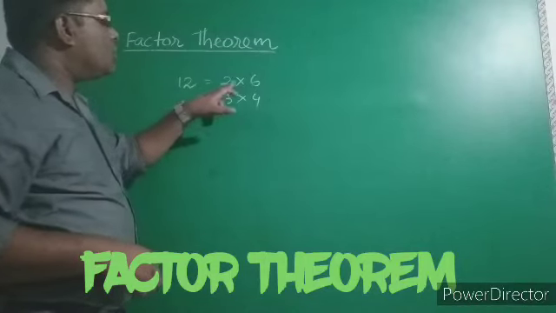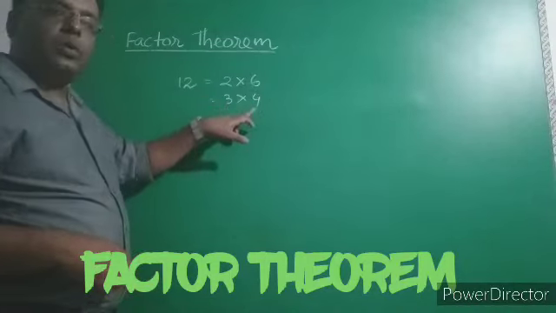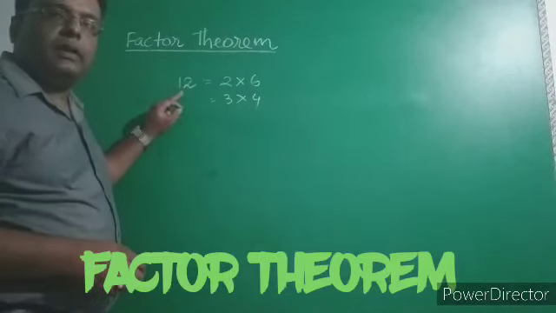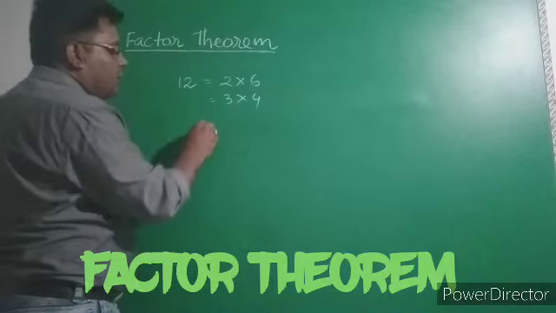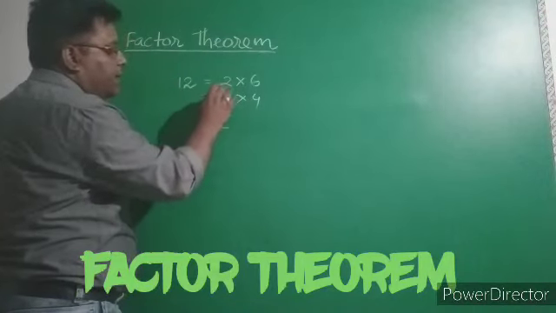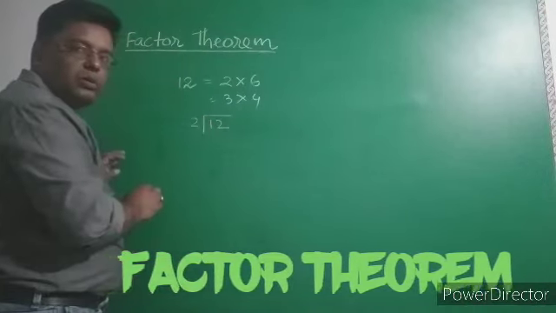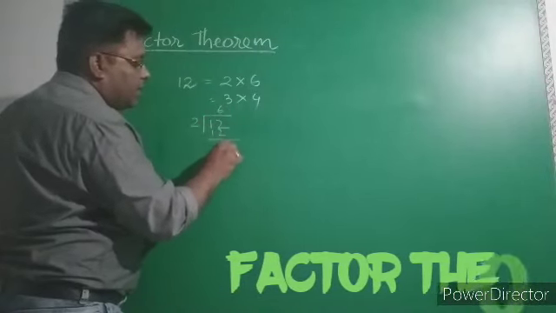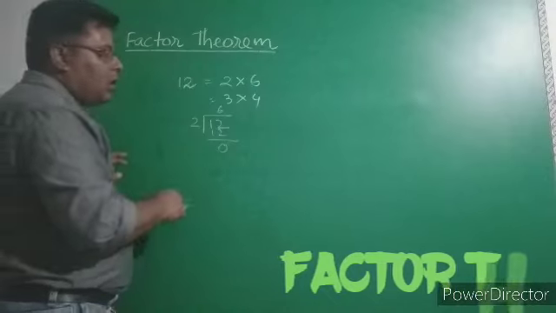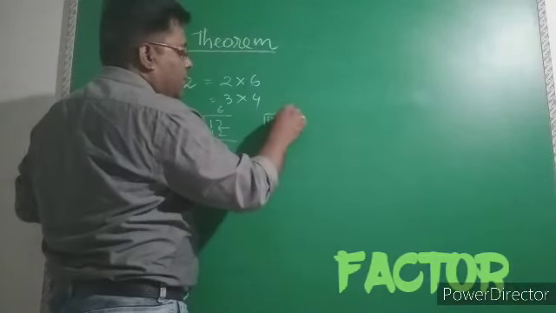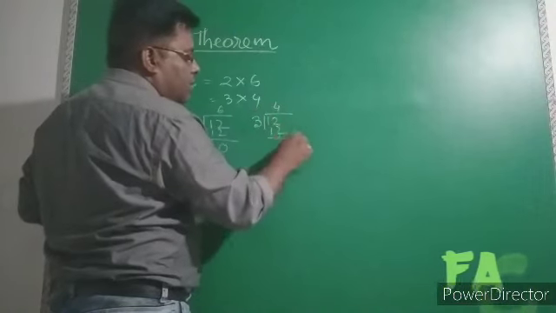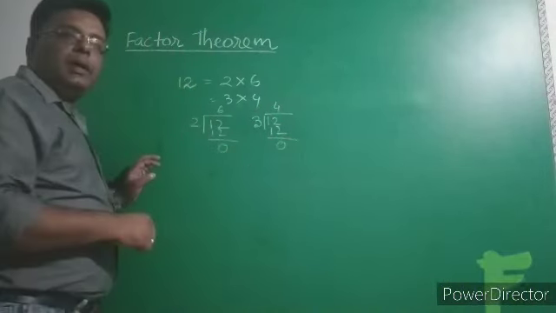So these 2, 6, 3, 4 are called the factors of 12 because when we divide 12 by 2, 2 sixes are 12, so the remainder becomes 0. Or when 12 is divided by 3, 3 fours are 12, so the remainder becomes 0.